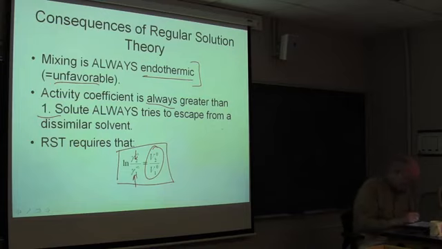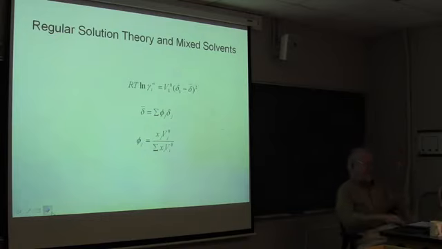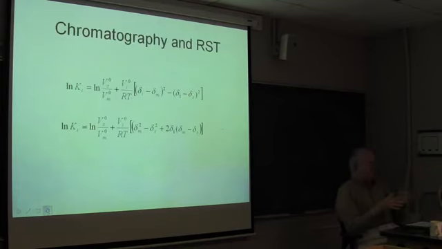And I just want to go. This is for mixed solvents. That is, frequently in chromatography we do mixtures of solvents, like in reverse phase chromatography, water and methanol, water and acetonitrile, water and tetrahydrofuran, and we put a solute in it. But this is the equations that work out. I gave you that because this gives me an equation that I can apply to chromatography.